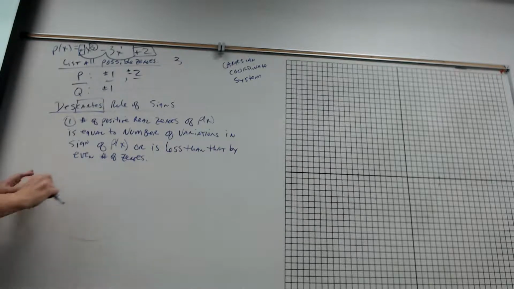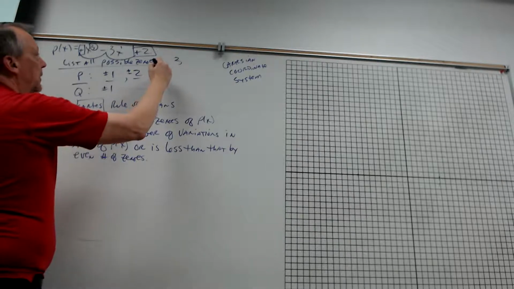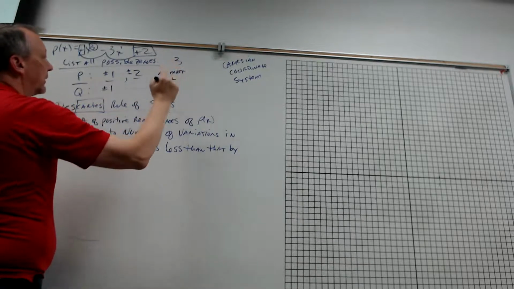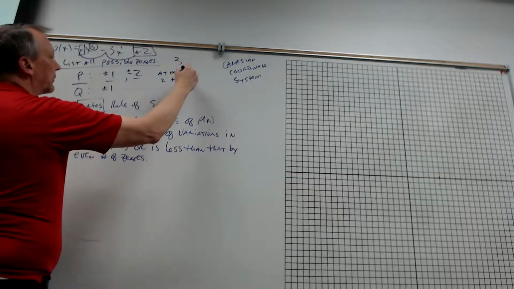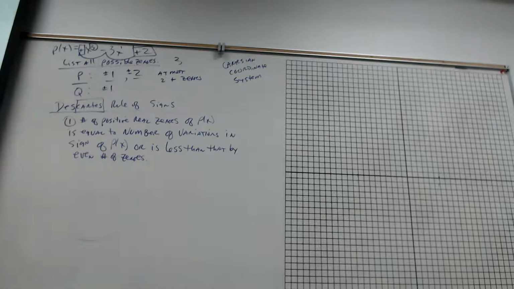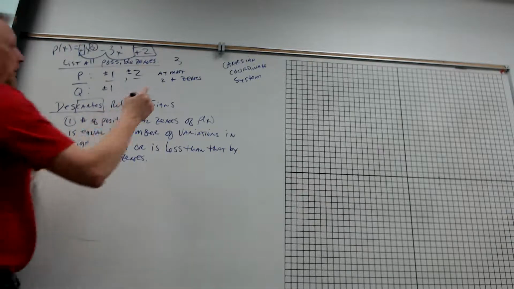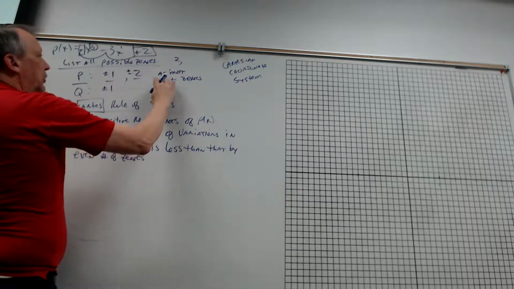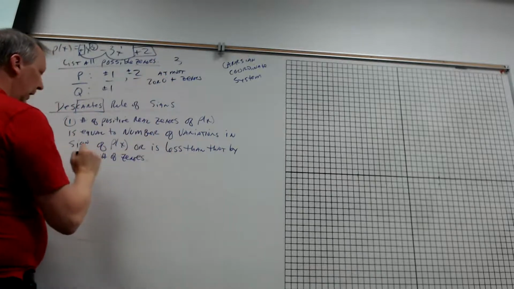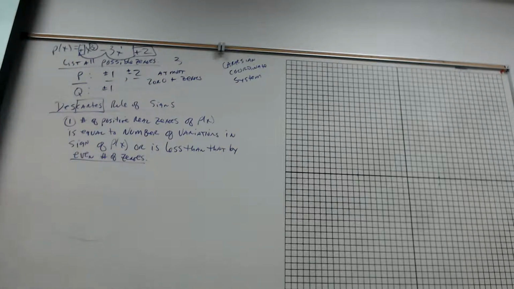So at most, I will have 2 positive zeros, 2 or 0, because you always have to go by an even number. So I'm going to have at most 2 positive zeros, or I will have 0 positive zeros.